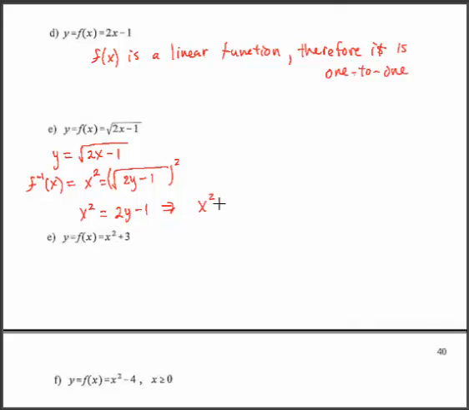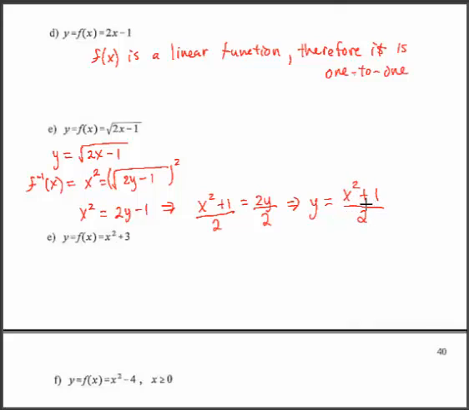So I'd have x squared plus 1 equal 2y. Okay, we simply moved the negative 1 over to the left and it became positive, and now I divide both sides by 2, and this leads to y equals x squared plus 1 over 2.